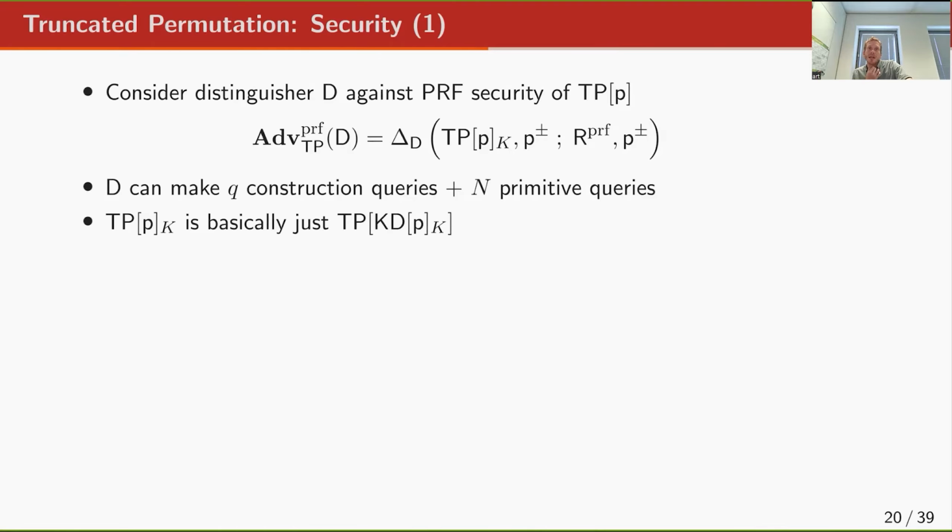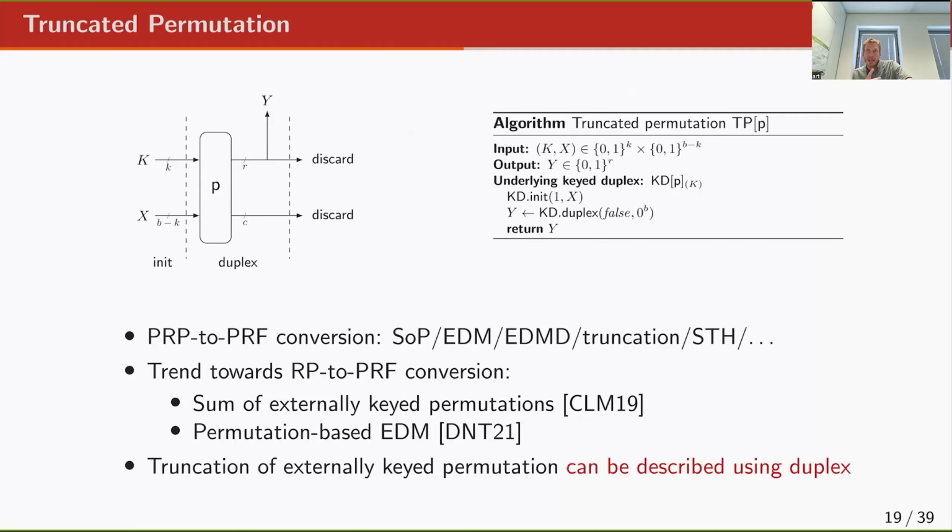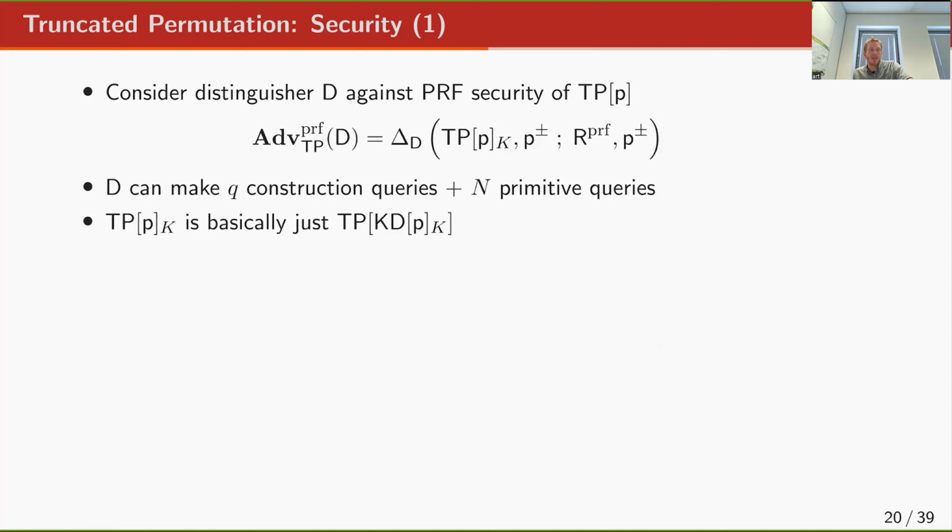Well, we observe that the truncated permutation based on this permutation P is nothing else than a truncated permutation on top of the key duplex on top of a permutation. That's just an equivalent description that we saw on the previous slide.